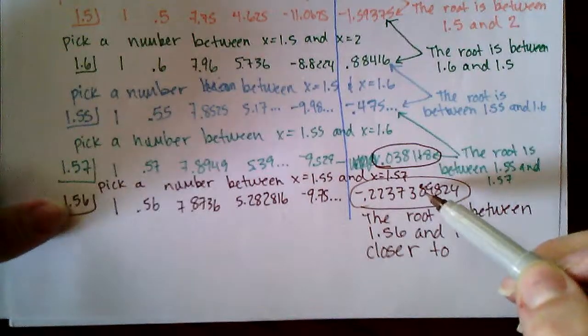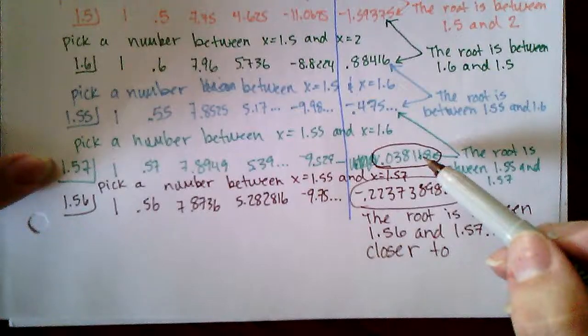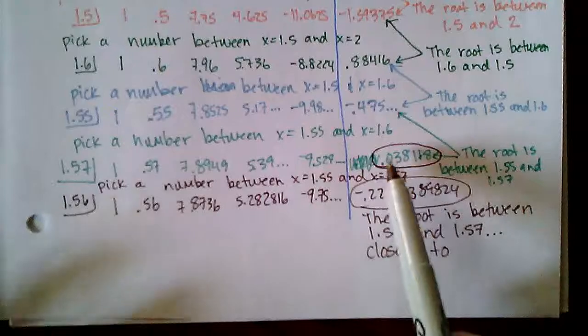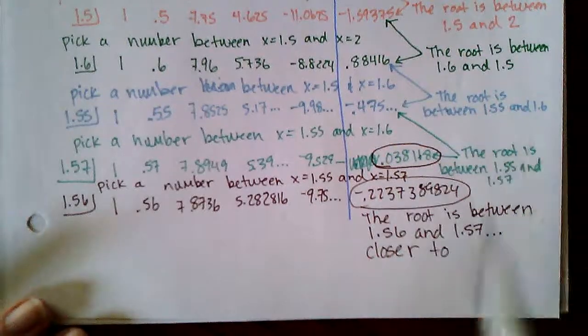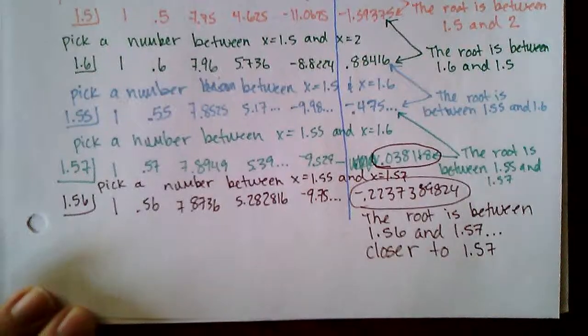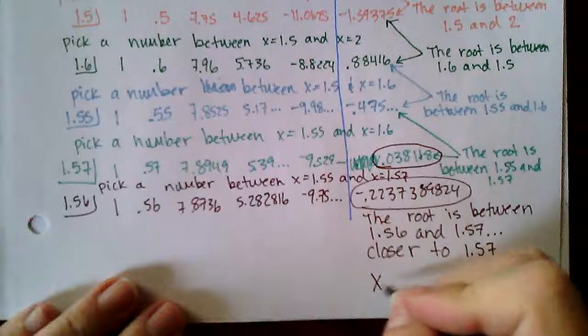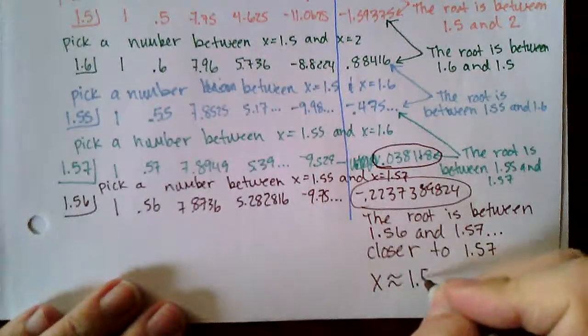At 1.56, we're at negative 0.22. At 1.57, we're at 0.03811. So it's closer to equaling 0 at 1.57. So we would say it's closer to 1.57. So we would estimate the root at approximately 1.57.